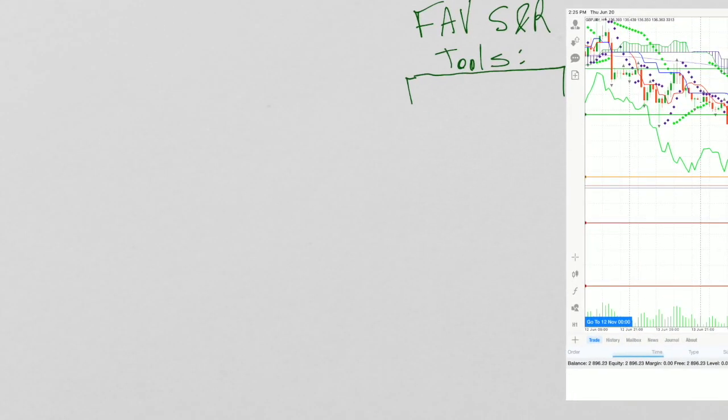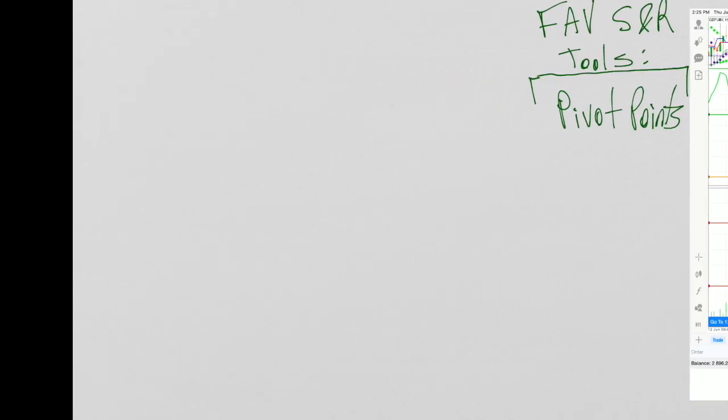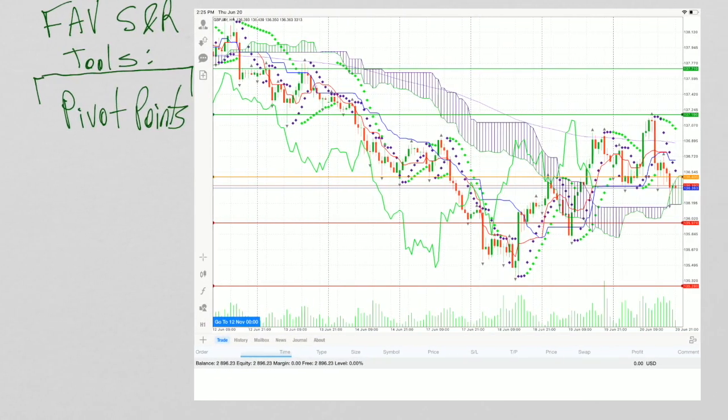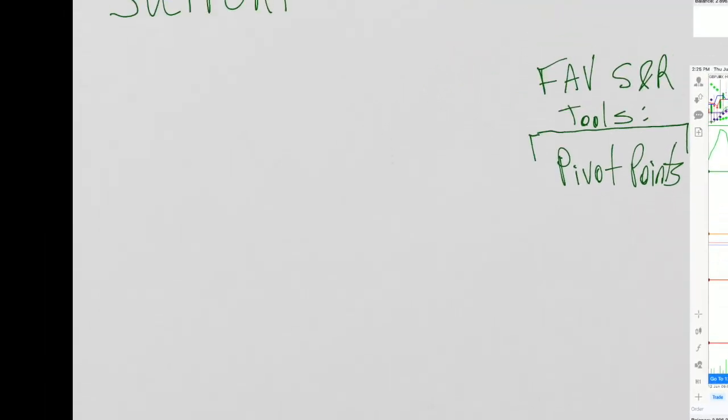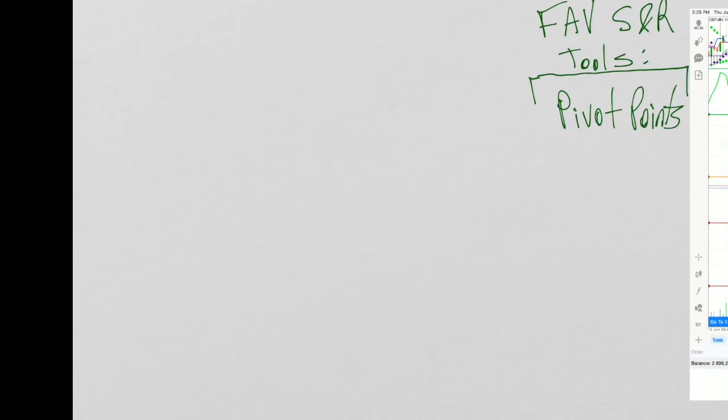One of my favorite tools to monitor support and resistance with is called pivot points, which is a great way to illustrate how support and resistance works. So you'll have a chart, and what you'll do with pivot points is you're basically highlighting 7 areas of support and resistance around the current price.